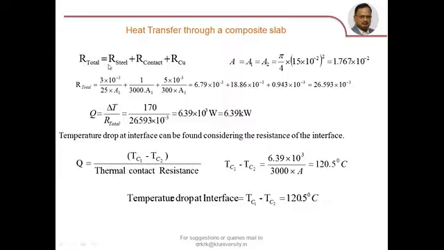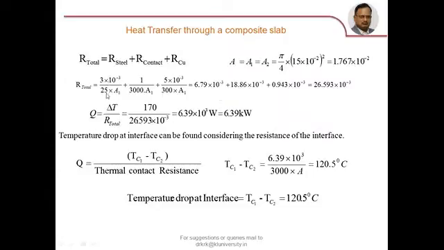Now hence R total equals R steel plus R contact resistance plus R copper. Since it is a slab, the area is the same, A1 equal to A2 equal to, and all these plates are circular plates, pi by 4 d square, which is 1.76 into 10 power minus 2 meter square.